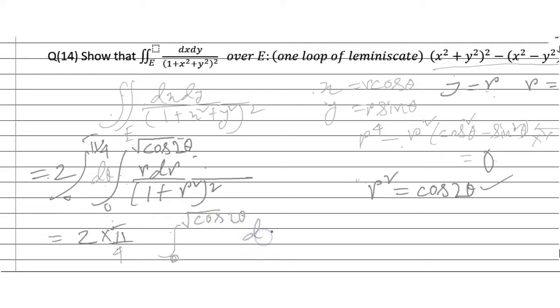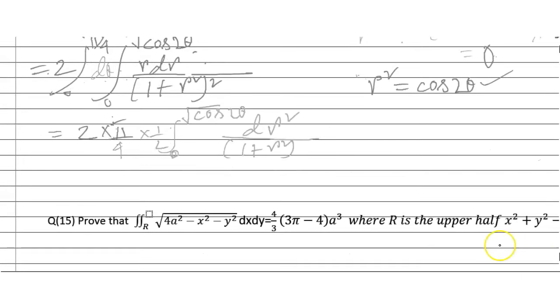Sorry, there is a mistake here: d theta is already dependent, so I cannot put this value pi by 4. So I just remove this.